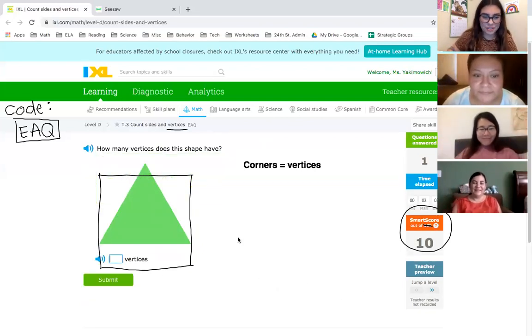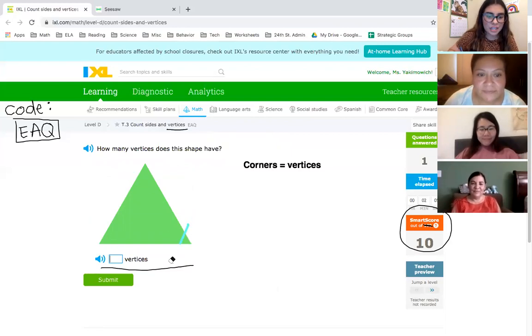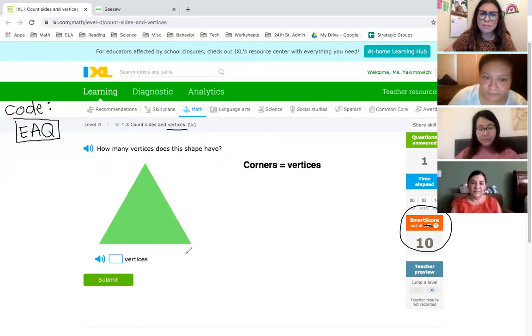And I'm going to erase here. And Miss T, can you read this question for us? Sure. It says, how many vertices does this shape have? And what are vertices again, Miss T? It means corners. So we're counting the number of corners that this shape has. Okay, so how many corners does this shape have? I think 3.